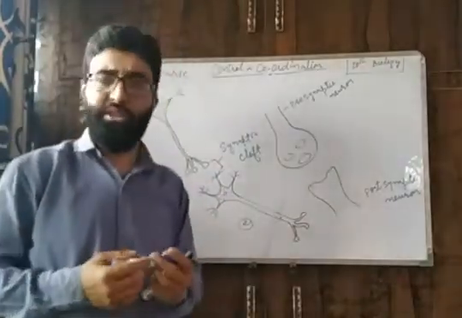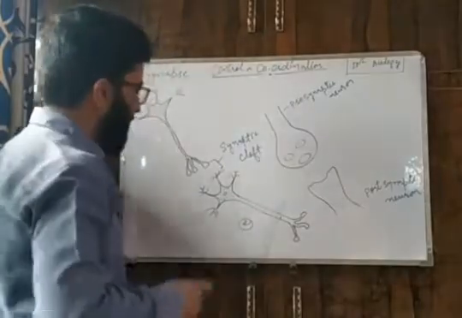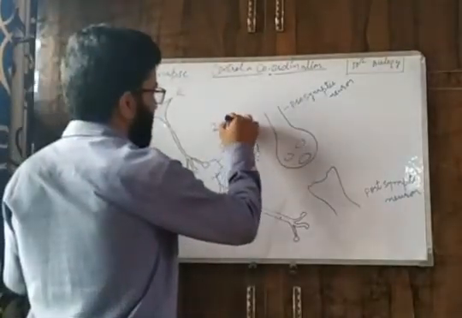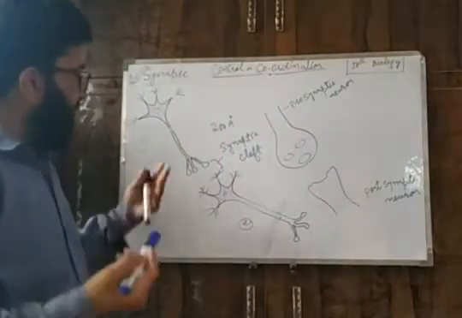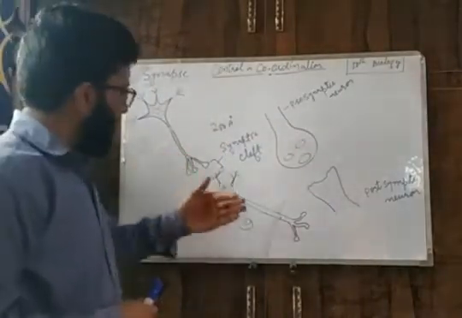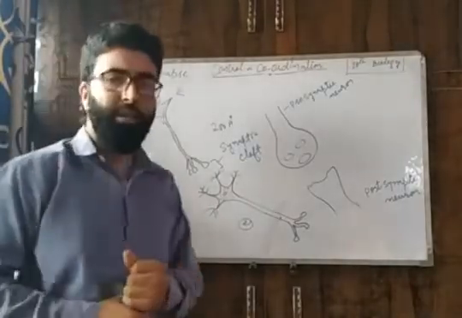Although this gap is very small, about 200 angstrom, how does the nerve impulse pass through it?